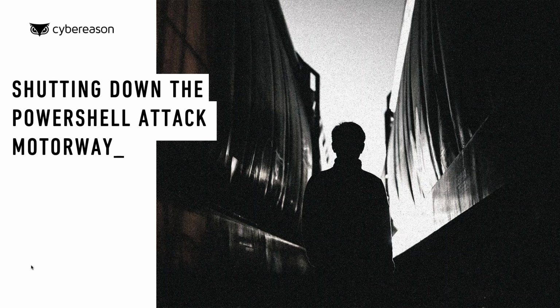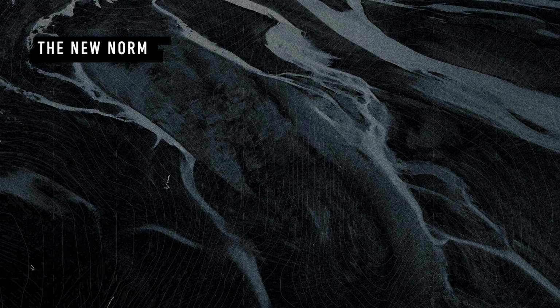So as Lauren mentioned, today's webinar is going to be on shutting down the PowerShell attack motorway, and we appreciate you all joining. So first, if you've joined this webinar, you probably know what fileless malware is, but in a few words, fileless malware is a term for a malicious operation where malware doesn't actually touch the disk and is run entirely in memory.